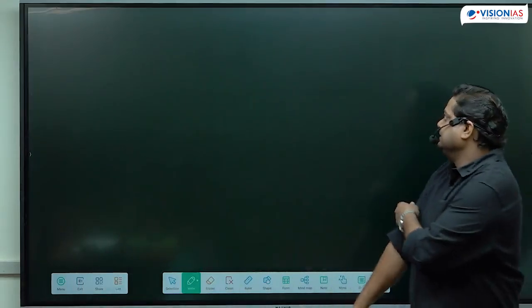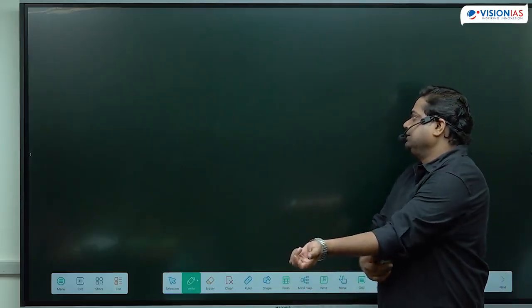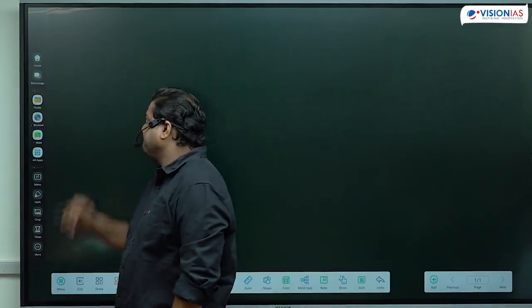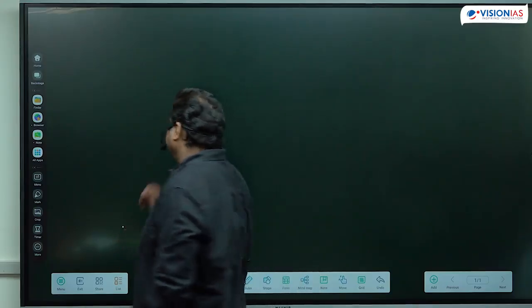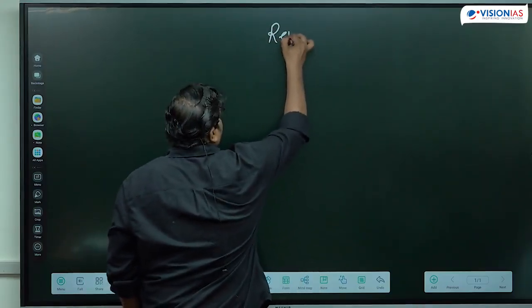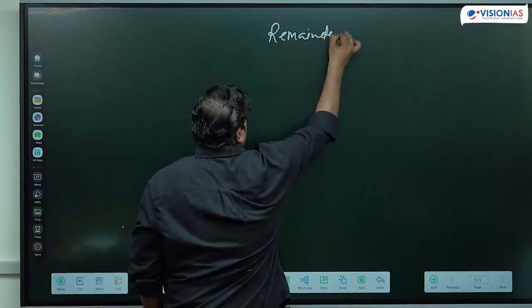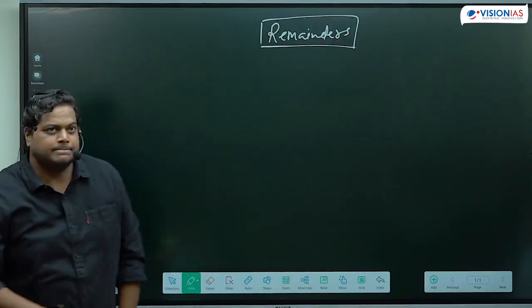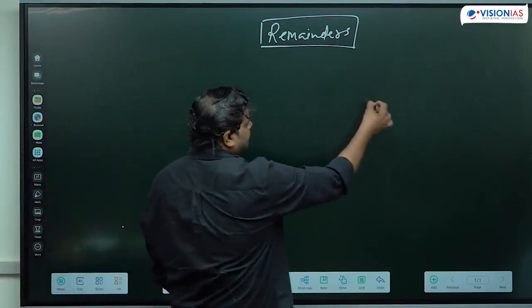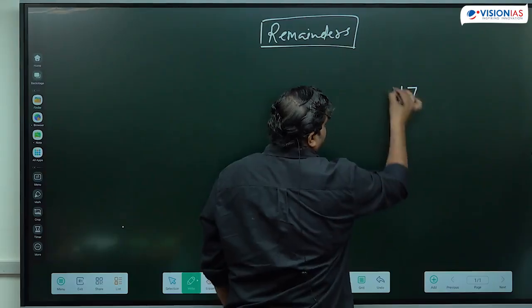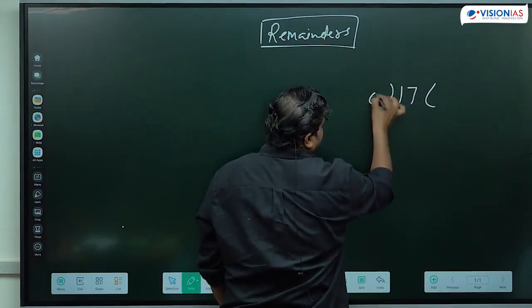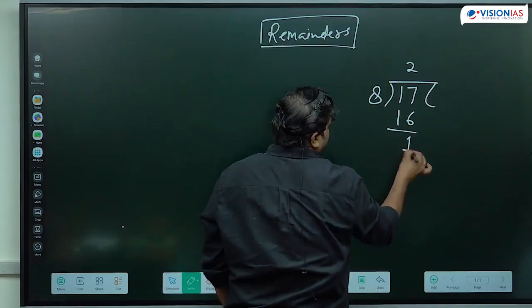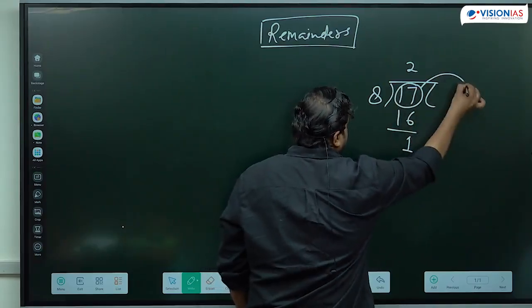After this, we can understand कि how we can calculate remainders. Seventeen को if we divide by 8, this 17 को what we say?